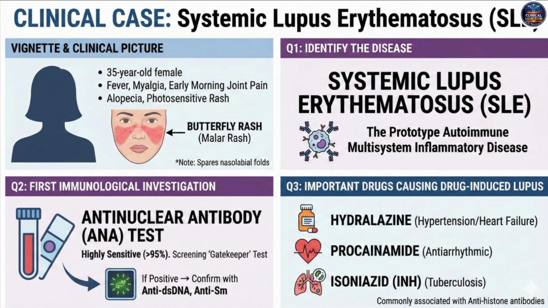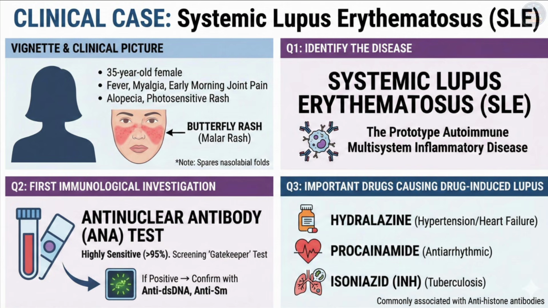The answer to write: hydralazine, which is used for hypertension or heart failure. Next, procainamide, an antiarrhythmic. And another is isoniazid, which is used for tuberculosis.